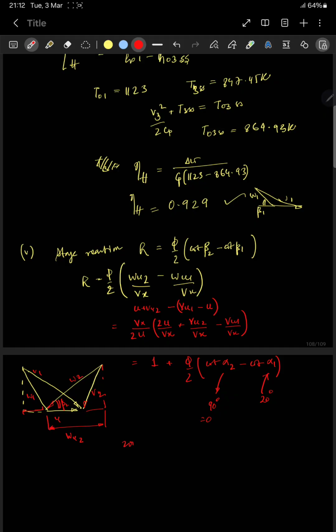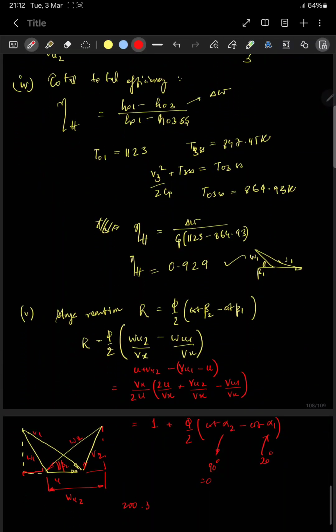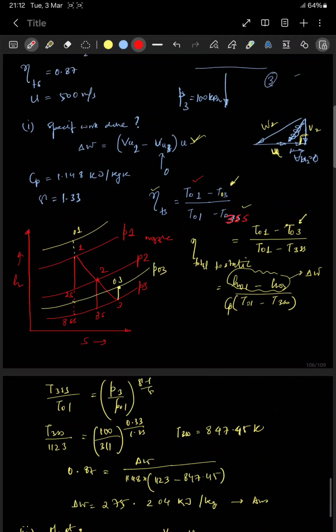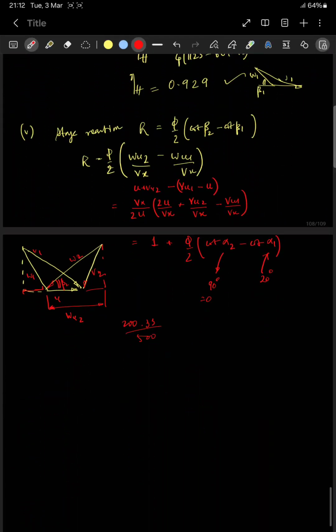Phi is Vx by U. Vx is 200.33. U is 500. So we have got phi is 200 divided by 500, 0.40066, into minus 1 divided by tan 20, 2.4774, into 0.40066.